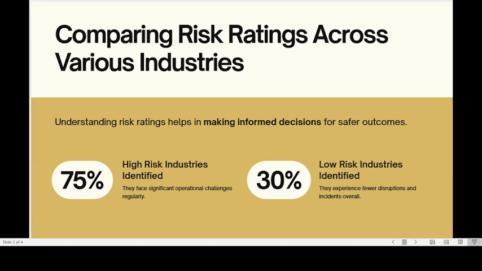Comparing risk rating across various industries, construction projects, factories, refineries. Understanding risk rating across various industries, factories, and construction sites is essential for making informed decisions that lead to safe outcomes.